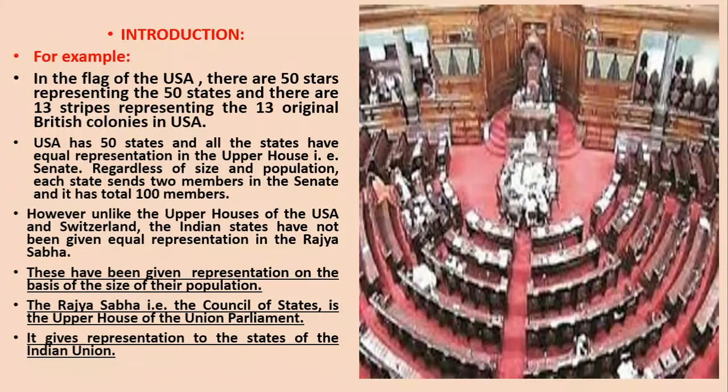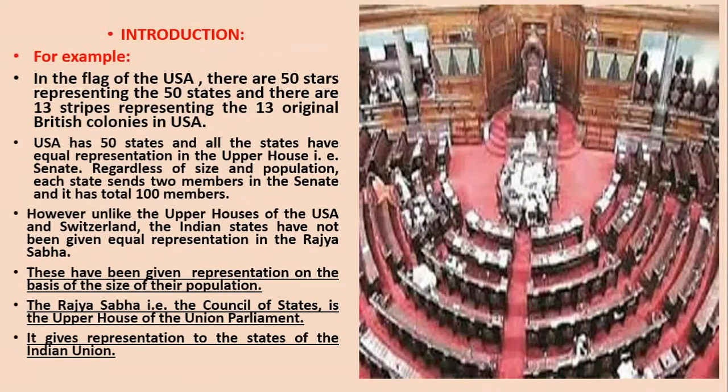And moreover, there are 13 stripes representing the 13 original British colonies in USA. If you count the stripes, these are 13 stripes, and 13 stripes symbolize the 13 original British colonies in USA.